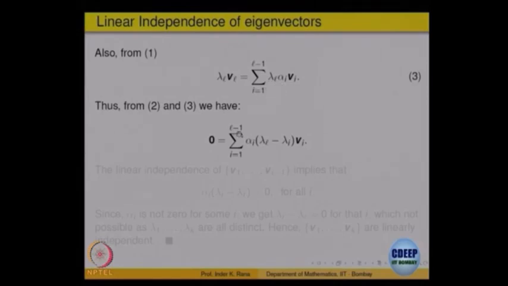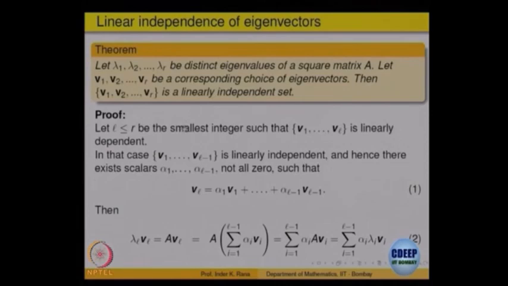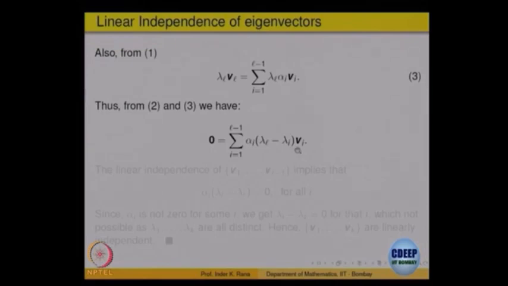So from 2 and 3, if I subtract the two equations, both give me the value of lambda L V_L, one value is this and the other value is this. Subtracting, you get 0 equal to the sum of alpha i, the scalar comes out, times lambda L minus lambda i, times V_i, for i equal to 1 to L minus 1.